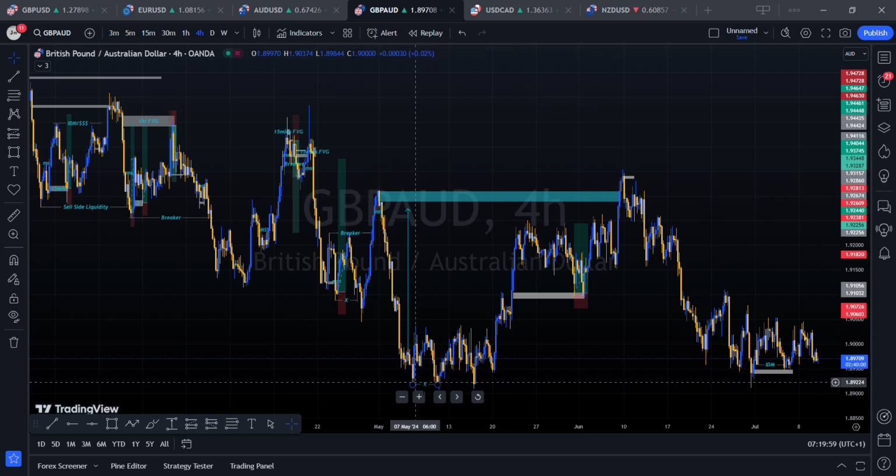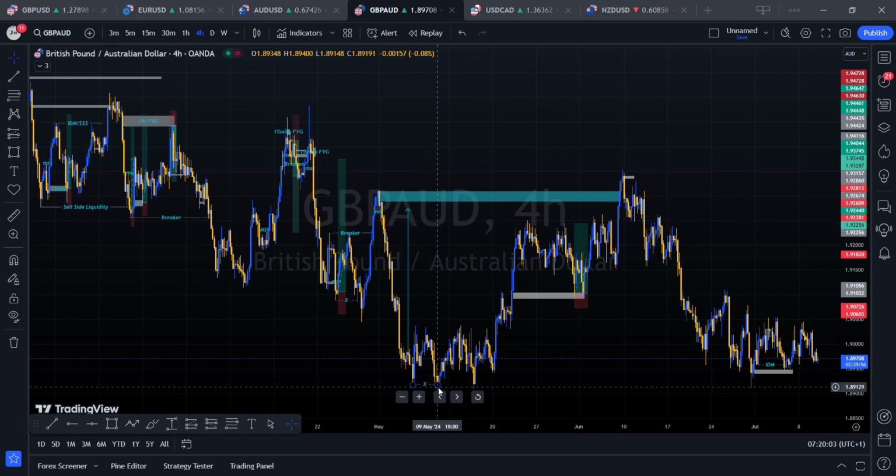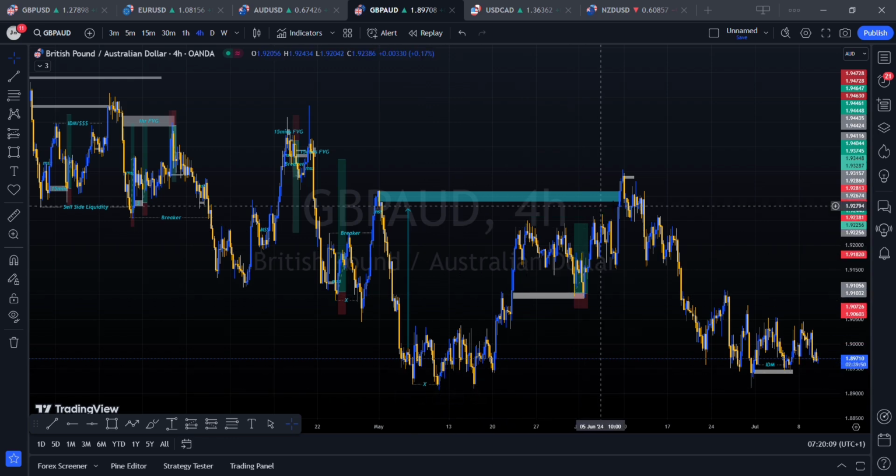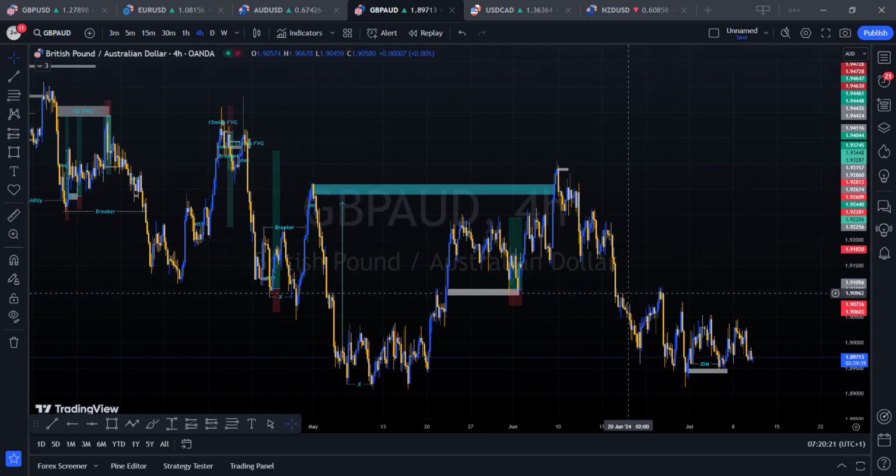This was a support, I marked it right here, and then price tested the support, and it just took out the liquidity resting beneath, and then we moved to the upside to fill the resistance. This is a good win ratio. So that is the way it primarily is, whereby with resistance and support, you just mark your highs as your resistance and your lows as your support. So this is all we need to talk about today.